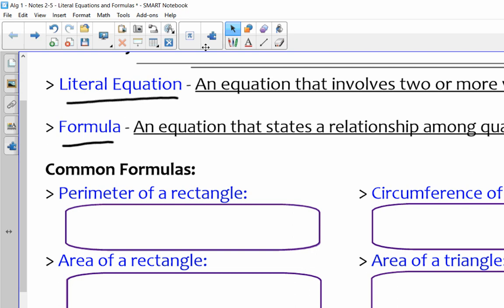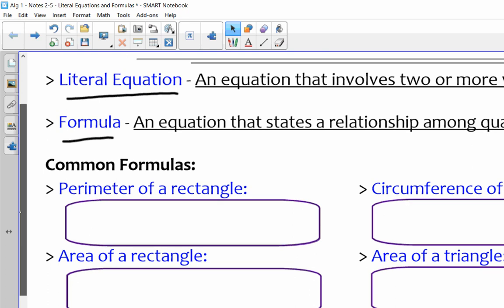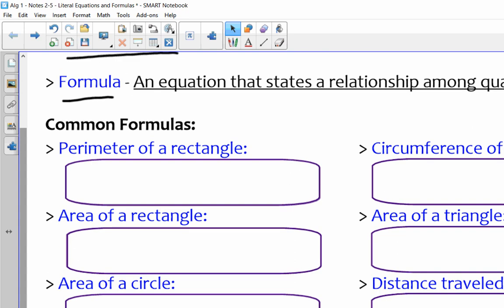All right, so both of these, equations and formulas, are basically the same, saying the same thing. Two or more variables and then a relationship among quantities, that's saying the same thing, all right? So formulas that you will use in some of the math you have is the perimeter of a rectangle.